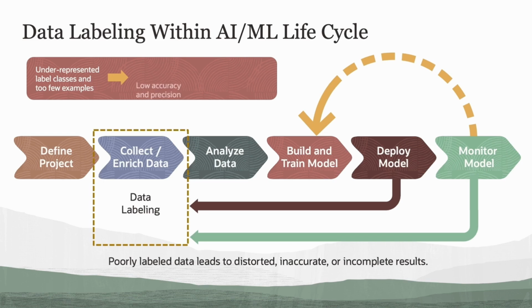This leads to low accuracy and precision in custom model training results. An extra set of images or text will need to be labeled to teach the model more about these classes. The custom trained model will then more accurately detect those label classes from new images or text. Even after your model has been trained, if enough drift is later detected, you might want to label new images or text to retrain and redeploy the model.